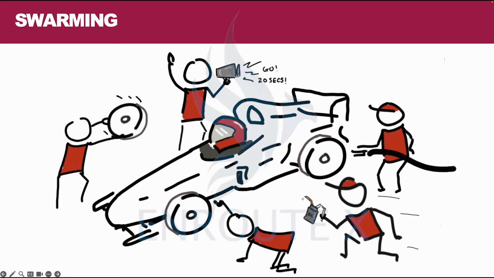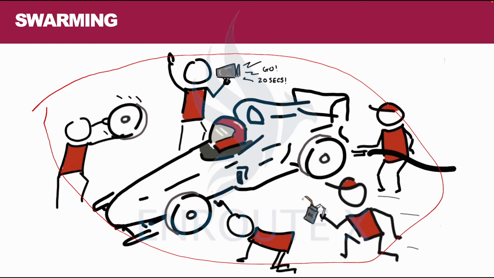Swarming is a collaborative approach, just as we can see from that slide, where the entire team focuses on completing a single task or a very small number of tasks before moving on to other work.